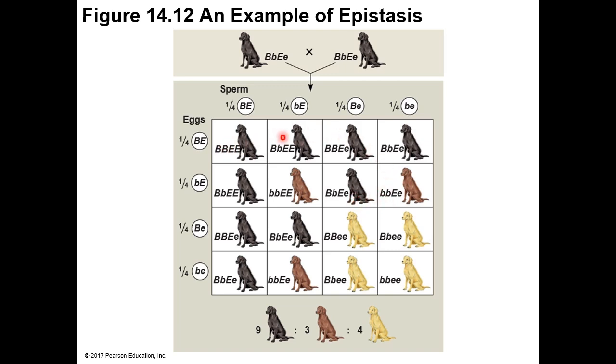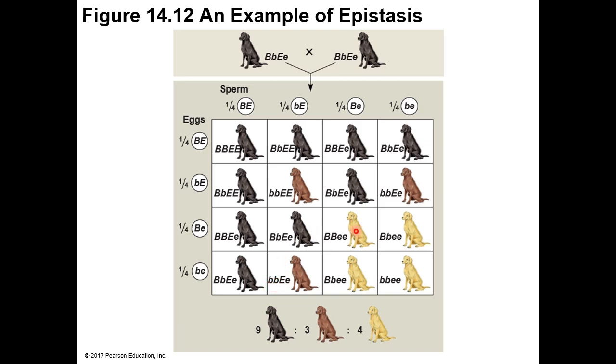As you can see here, the black dogs all have a dominant allele for gene E, and they are black because they have a dominant allele for gene B. On the other hand, if you look at the brown dogs, they also have a dominant allele for gene E, and so gene B can be expressed. And since they have a recessive allele for gene B, they are brown.